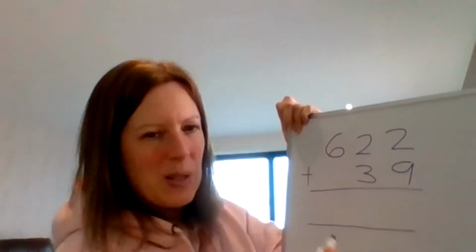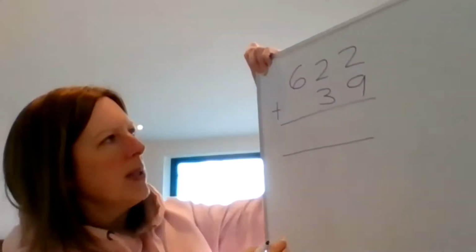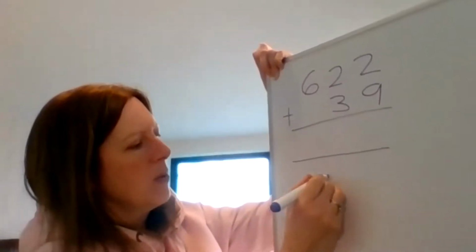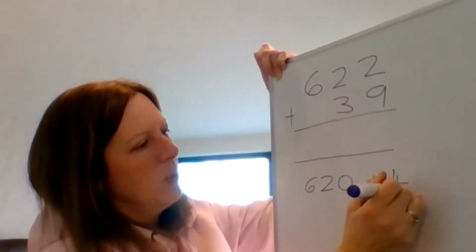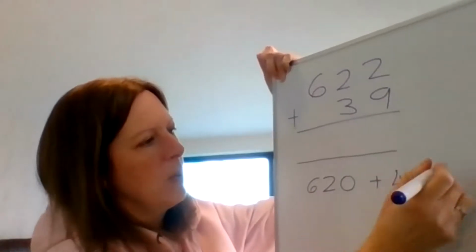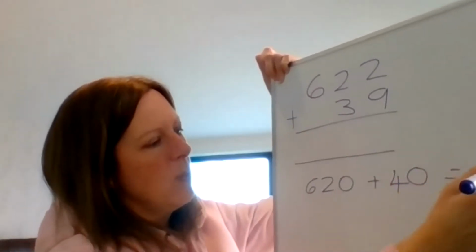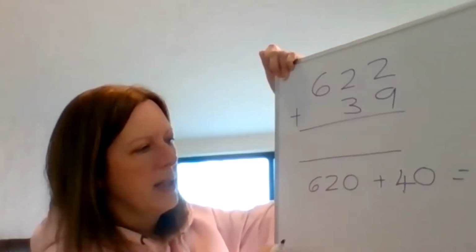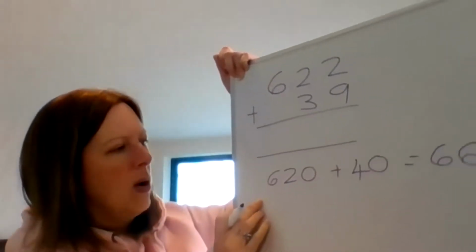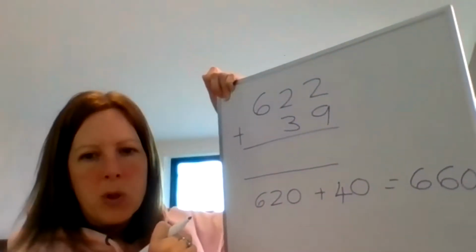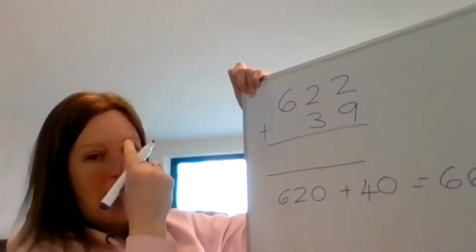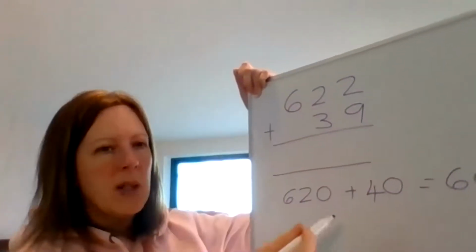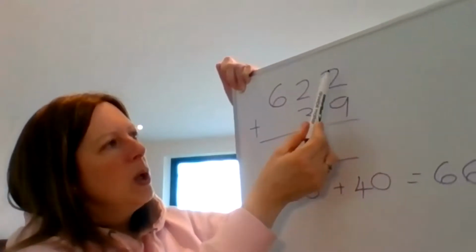Now we estimated this was about 620 and this number we're going to round to 40. So we're expecting it to be somewhere around 660, because I'm adding my 4 tens onto my 2 tens that I've got as part of 620. So that's what I'm expecting it to be. Let's work it out and see if that was a good estimate.